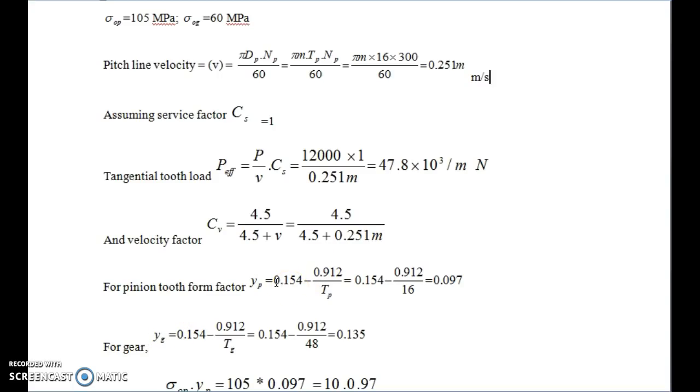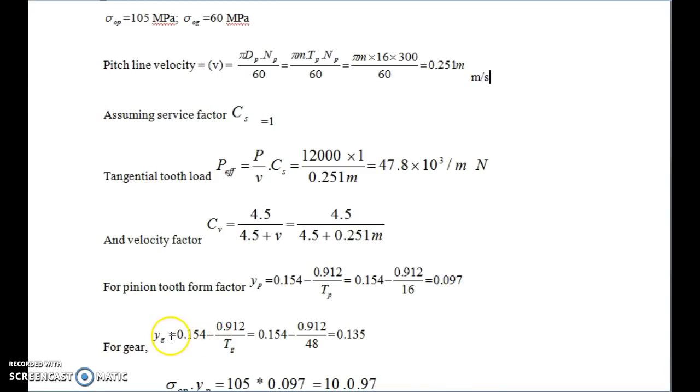So yp is equal to 0.154 minus 0.912 upon Tp, where Tp means number of teeth on the pinion, equal to 16, so it becomes 0.097.